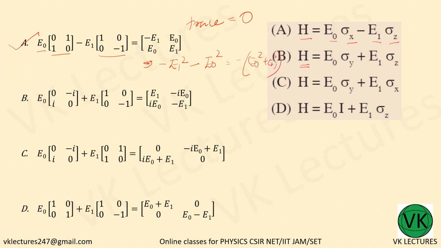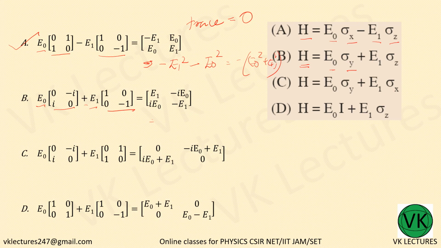Now check option B. H equal to E0 times sigma y plus E1 times sigma z, which will give you E1, minus I E0, plus I E0, minus E1.